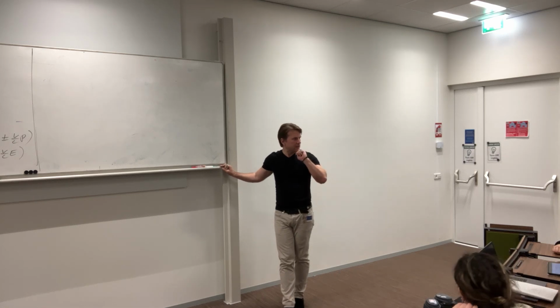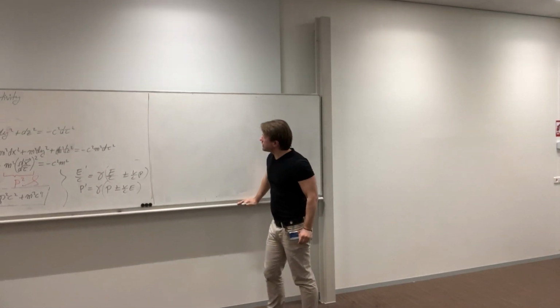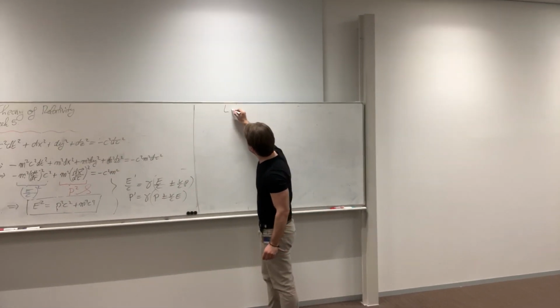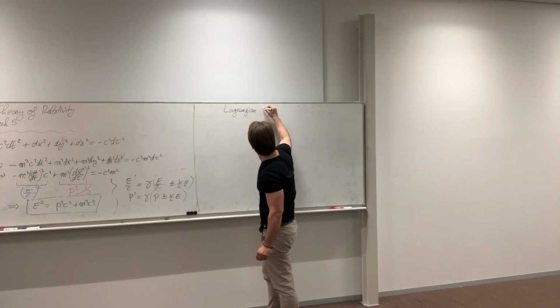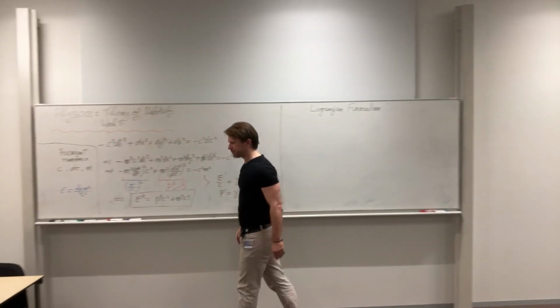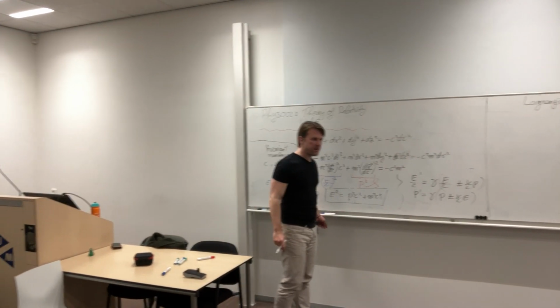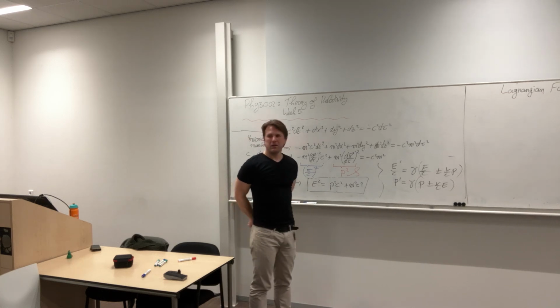Okay, no new physics now, just a new mathematical formalism. And this is going to be a short introduction. You can have a whole course on it, which I wish we had at MSP, but that's a different story. We're going to introduce now the Lagrangian formalism. No new physics, again, old physics, new mathematical way of writing it.